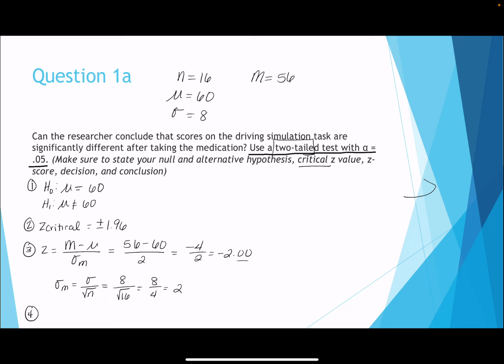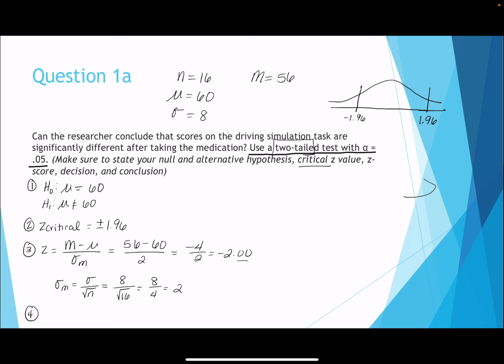What we have to determine is, you have a z-score here at a negative 1.96. We have a z-score here at a positive 1.96.